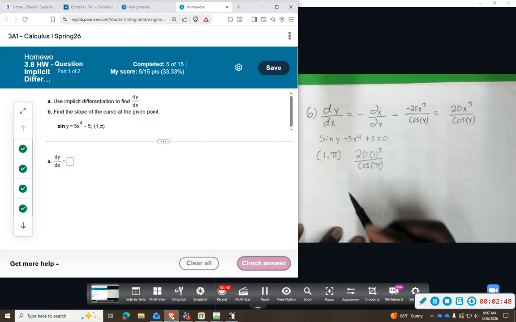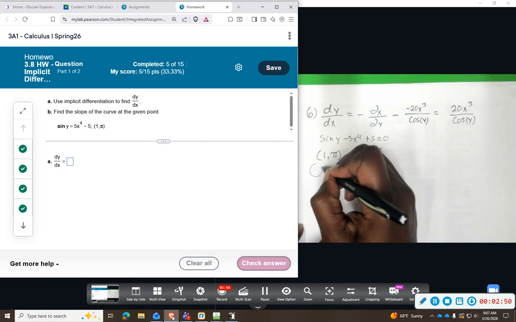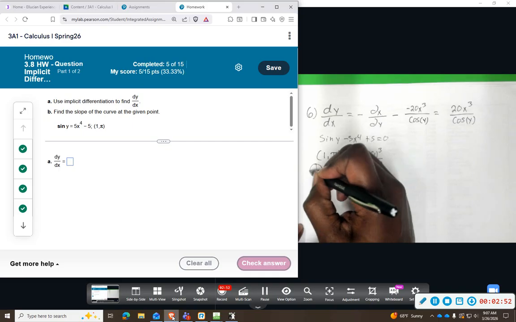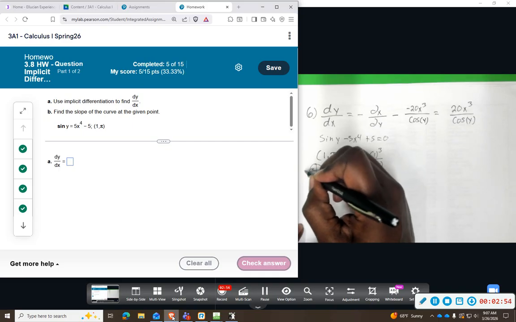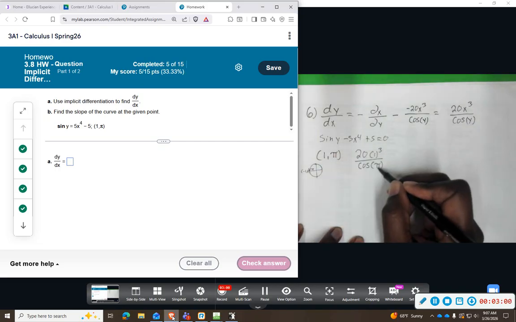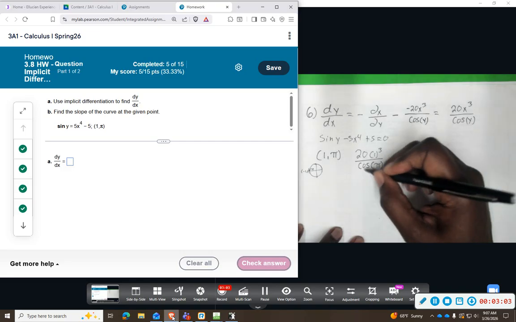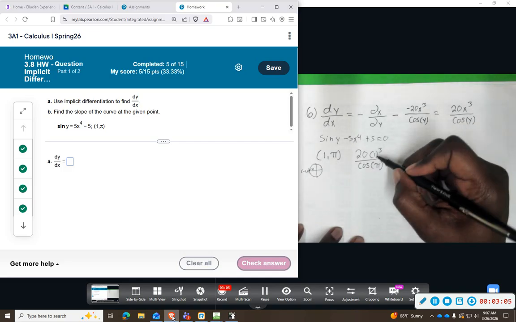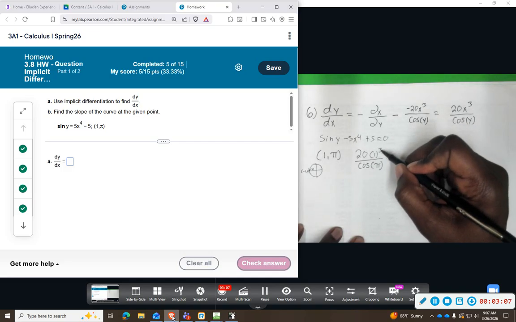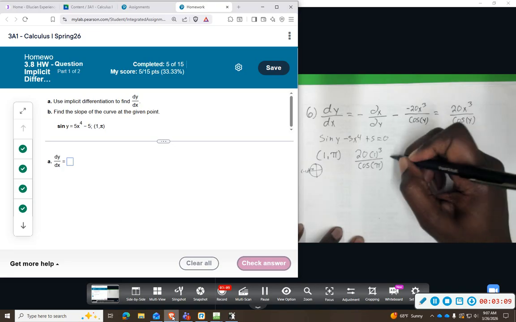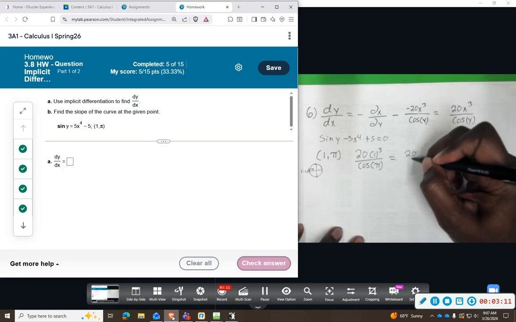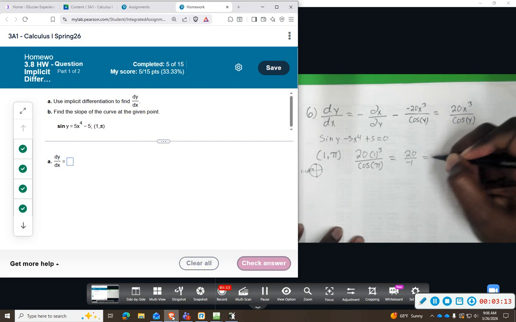Okay. So on your unit circle, pi is over here. That ordered pair is negative 1, 0, and that 1 corresponds to the cosine value. So this bottom is just negative 1. 1 times 1 times 1 is just 1 times 20. So we get 20 divided by negative 1, which is just negative 20.